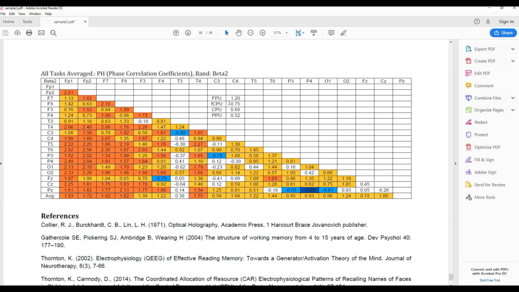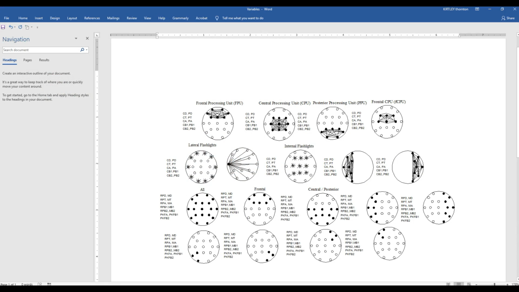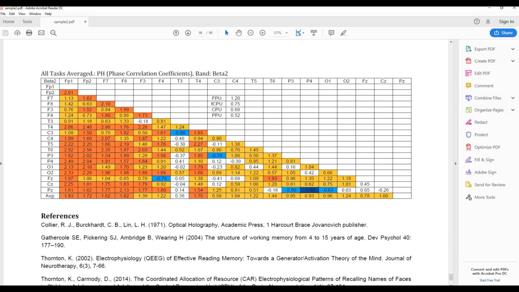If you look at these values here, the FPU, FCPU, CPU, and PPU, these reflect the values in this upper set of variables called the frontal processing unit, the central processing unit, the posterior processing unit, and the frontal CPU, which is particularly interesting. So you'll be able to pick out quite quickly if there's a problem in a particular area of the brain in terms of processing units.